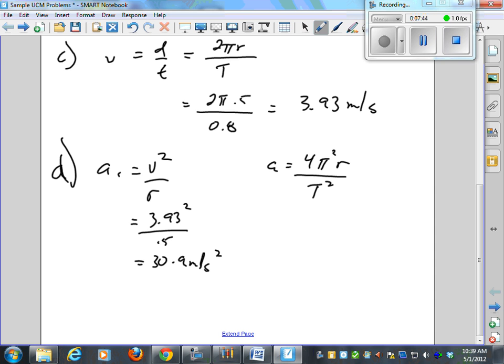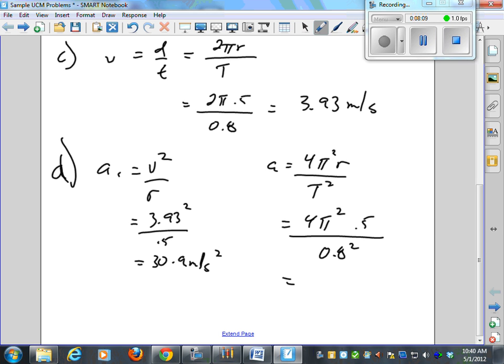It's pi squared r. 4 pi squared r over T squared. Four pi squared, the radius is 0.5, T squared is 0.8 squared.